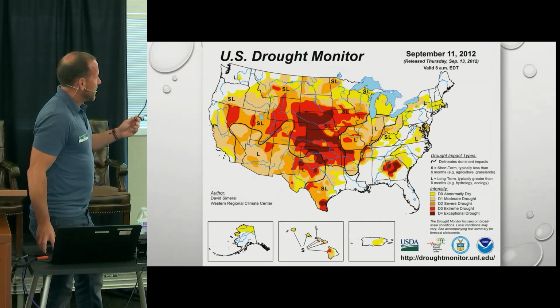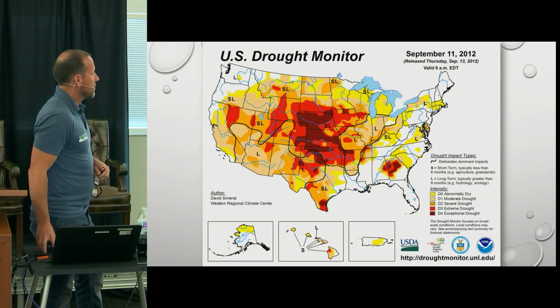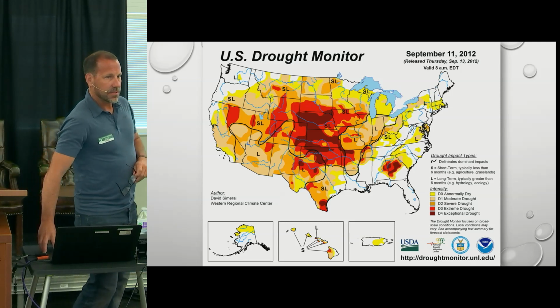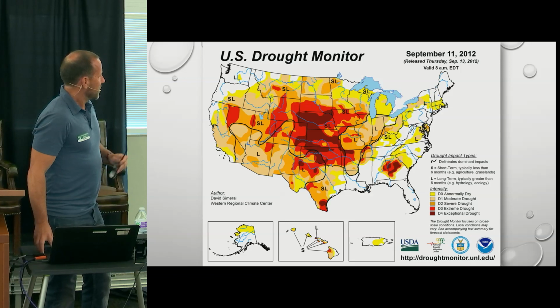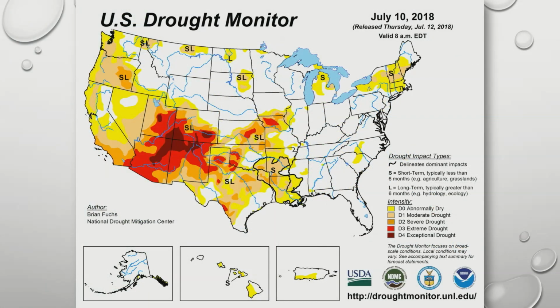But as you can see, for the Drought Monitor, we do the drought assessment for the lower 48, Alaska, Hawaii, Puerto Rico, and we're going to be starting up the U.S. Virgin Islands, and I'll go into more detail about that. And then this is the current map, and as Candace mentioned at the beginning, Utah and the Desert Southwest is kind of the focal point of drought in the country right now.